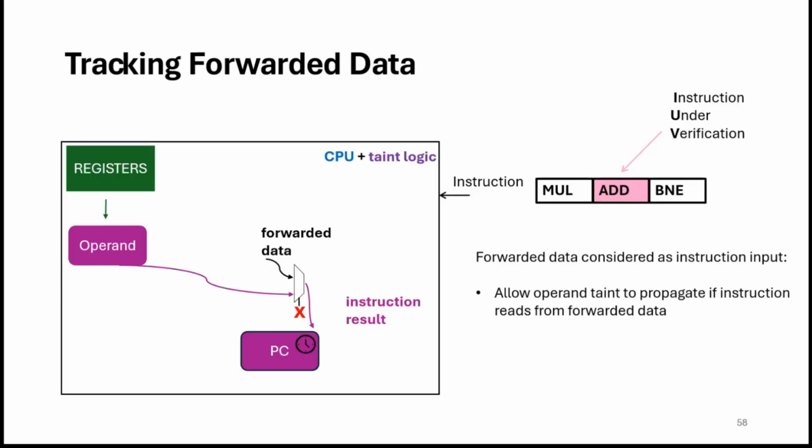In the case that the CPU is in a state where it should receive data from the forwarding path, with the logic abstraction on this multiplexer, we verify both combinations. Either the multiplexer is choosing the forwarded path or the operand from the register. So it's not really happening in the design, but we allow the taint going through.